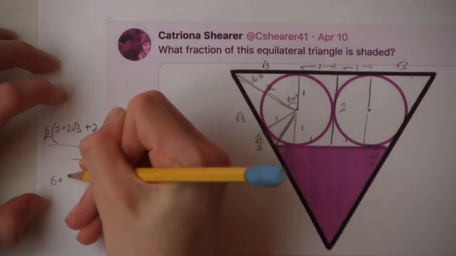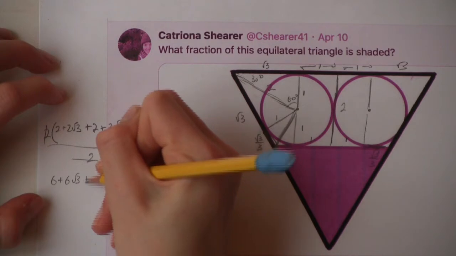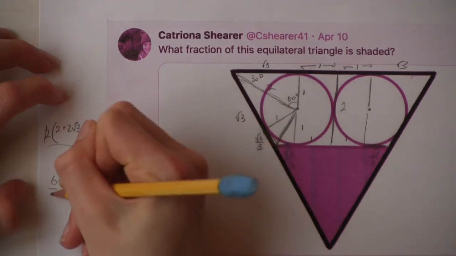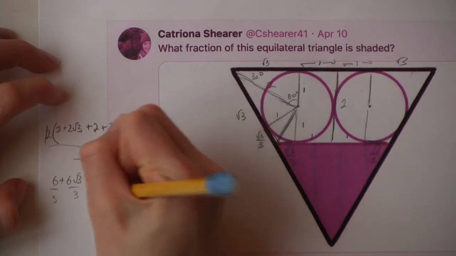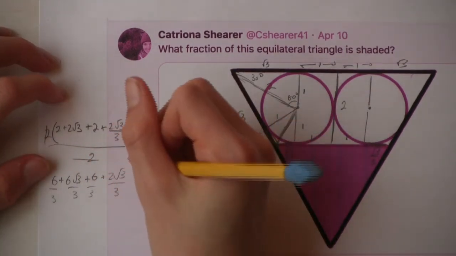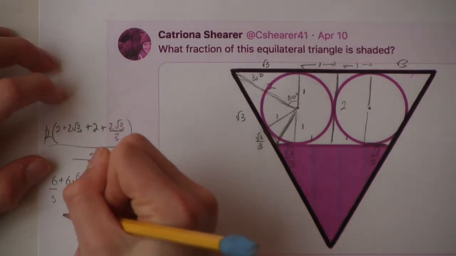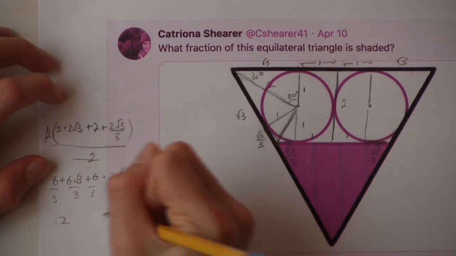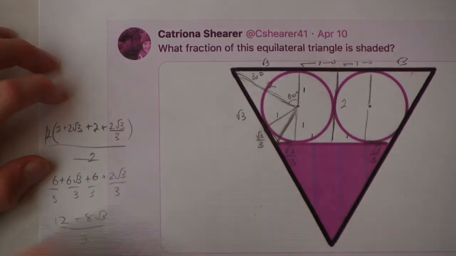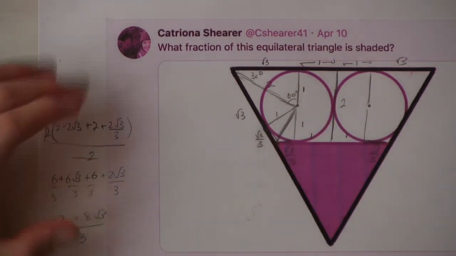So we get 6 plus 6 root 3 plus 6 all over 3, plus 2 root 3 over 3. That means we get 12 plus 8 root 3 over 3. That's the area of the trapezoid.